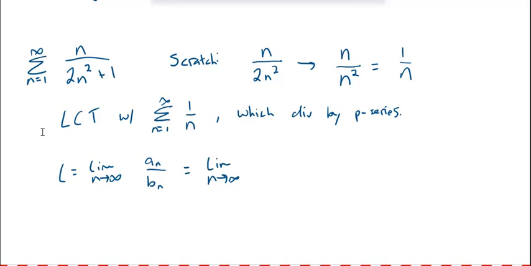So when I do a_n over b_n, I get n over 2n squared plus 1 times, I'm going to copy dot flip the b_n, which was 1 over n, and write it as n over 1, because I'm dividing by 1 over n.